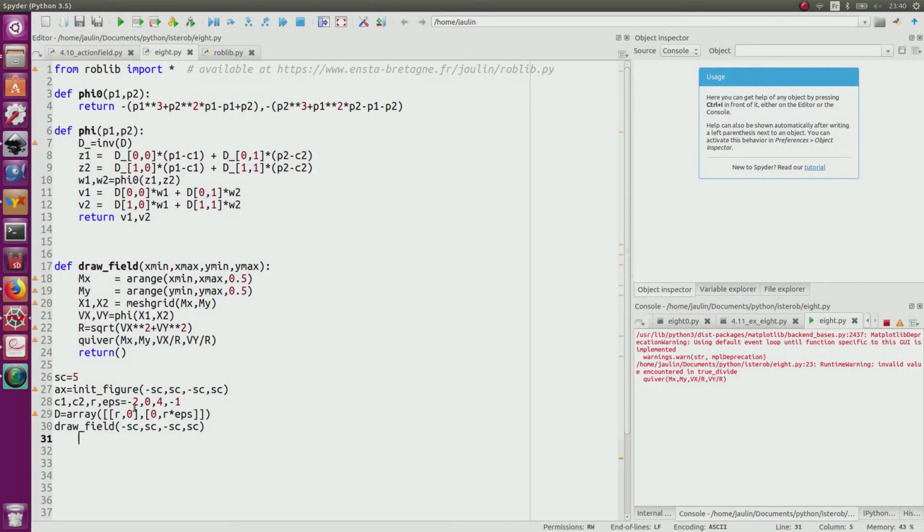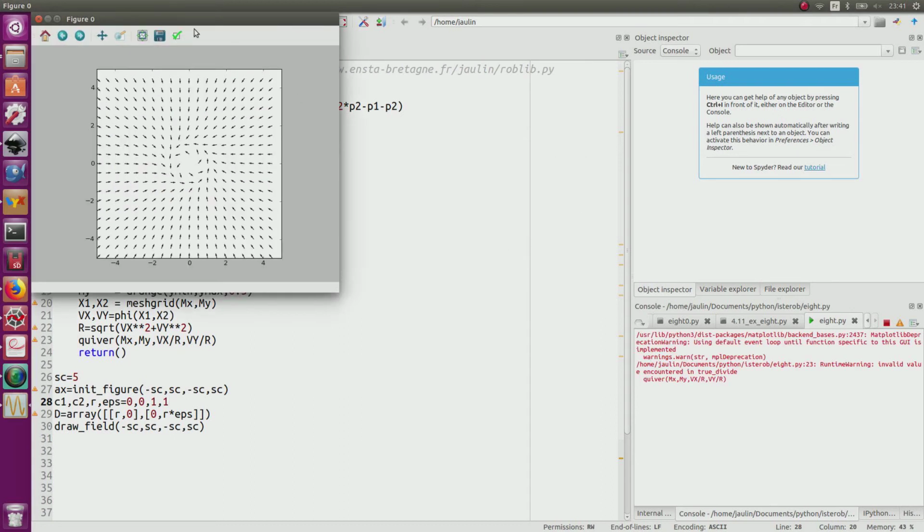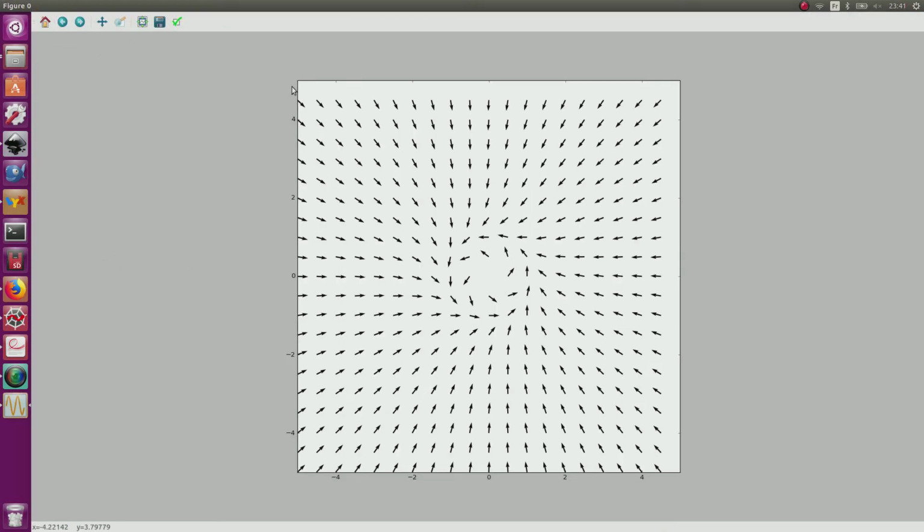And if I want a field corresponding to phi 0, I will have to put no translation, radius equal to 1, and epsilon equal to 1. In this case, I will obtain the same as phi 0 obtained previously.